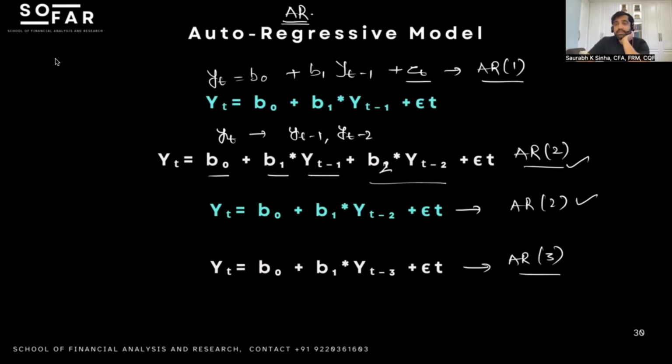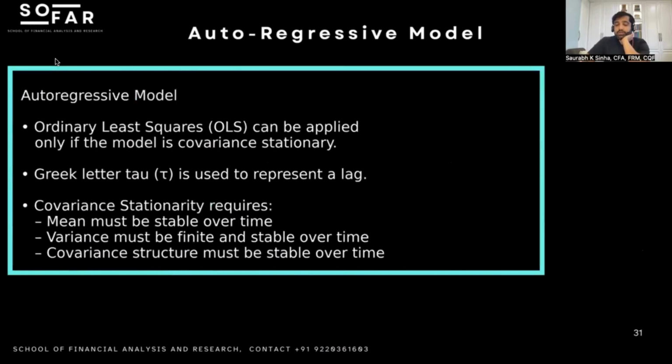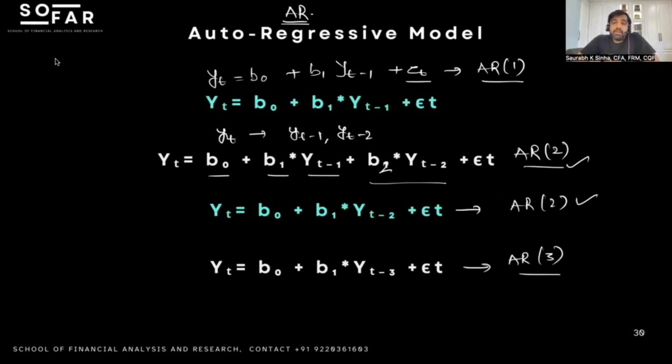But the question is, I can only go for this autoregressive model when my y, which I'm trying to predict, whether it is stock price, inflation, GDP, interest rate, anything on the planet, is covariance stationary.